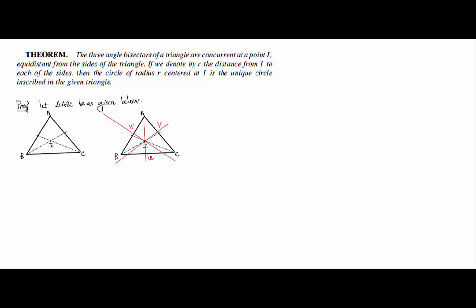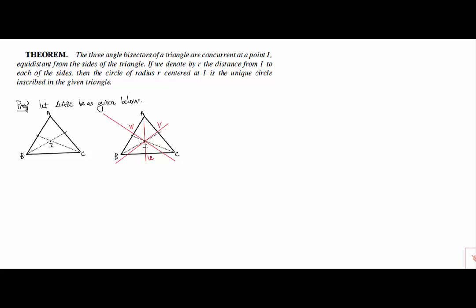So let ABC be a triangle which is shown on your screen. Now I will look at the angle at B, and I'll bisect that angle, and I'll look at the angle at C, and I'll bisect that angle.